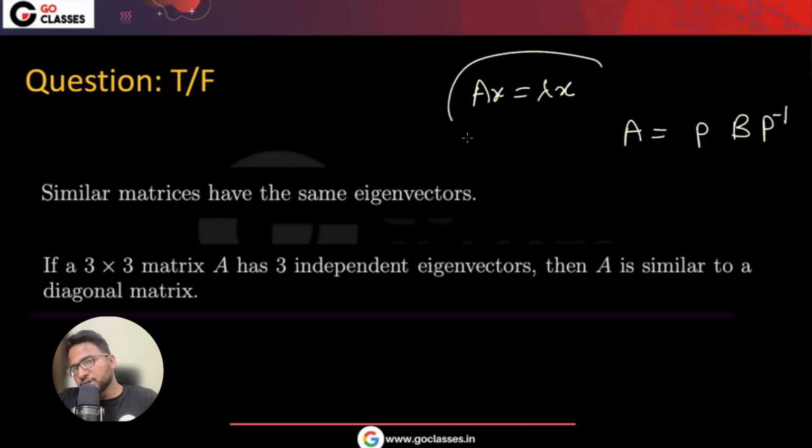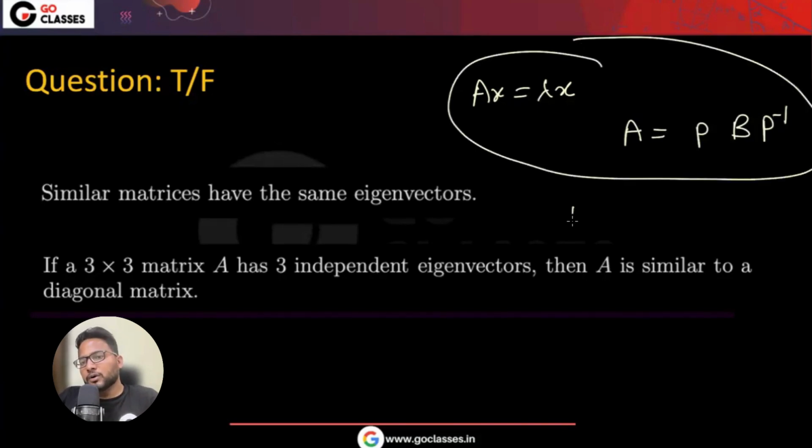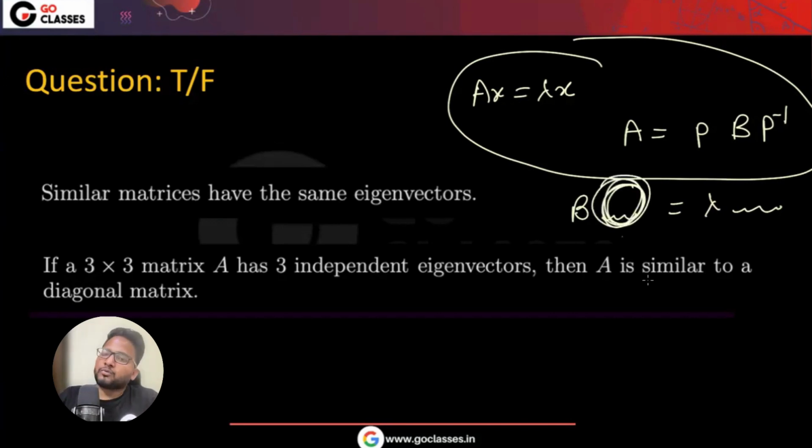But these two equations are given to you. Try to see that B into some vector gives lambda into the same vector. But what is that vector? Will it be x, Px, or what? Just see and let me know how many of you are done with this calculation. Okay, just try to do it on your own.